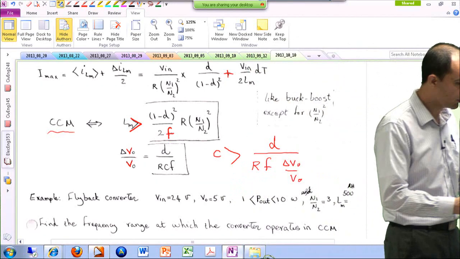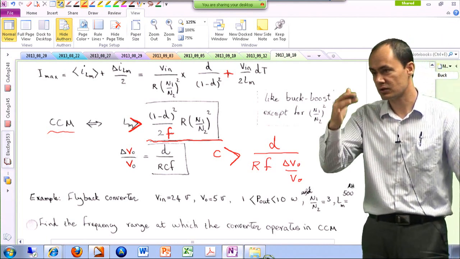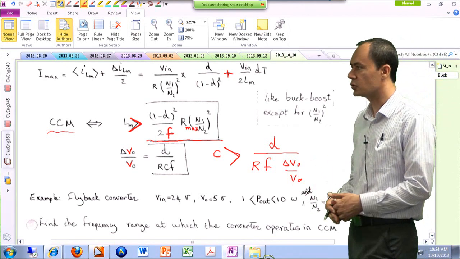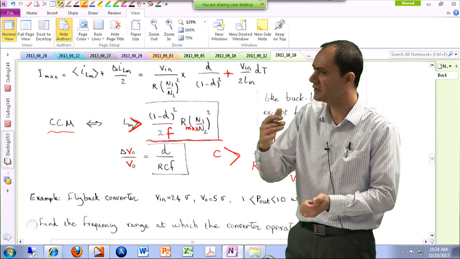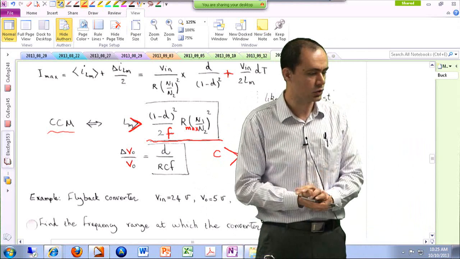Similar to before, whenever you have these inequality signs, you have to find the maximum value and then make sure L is even larger than the maximum value. So here it's very easy. You have to consider the maximum value of your load. So if your load is variable between like 20 to 50 ohms, you should consider 50 ohms to guarantee that your system is operating under continuous conduction mode.